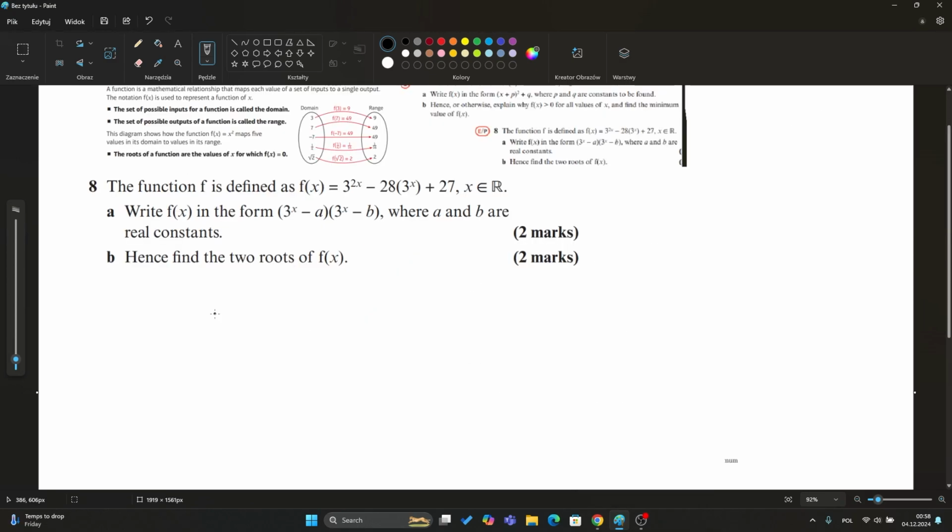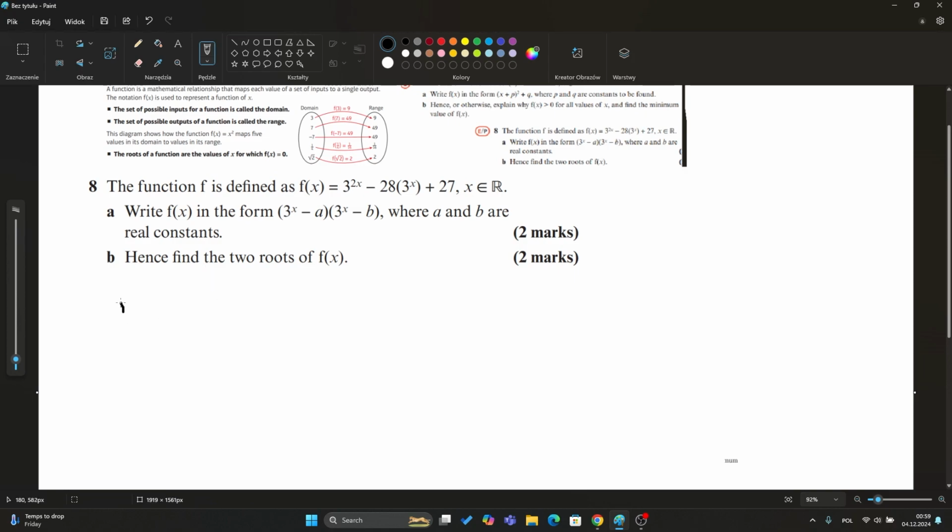Now the final question, which is the function f defined by f of x equals 3 to the power of 2x minus 28 times 3 to the power of x plus 27, where x is a set of real numbers. Write f of x in the form of that, where a and b are real constants.